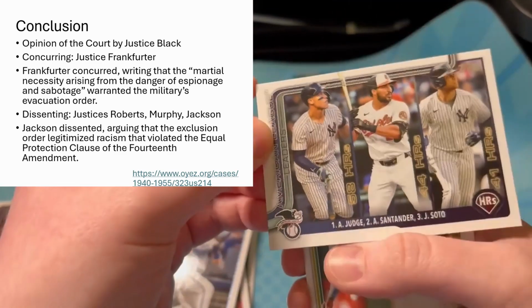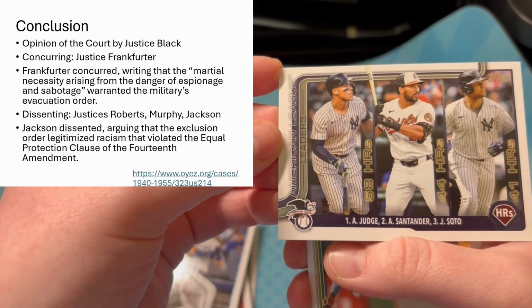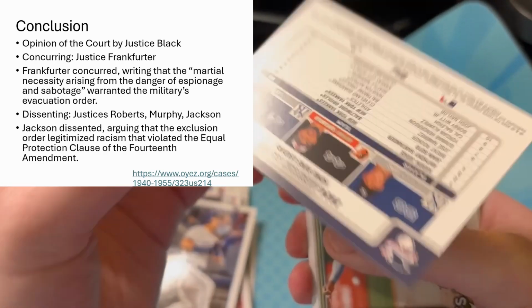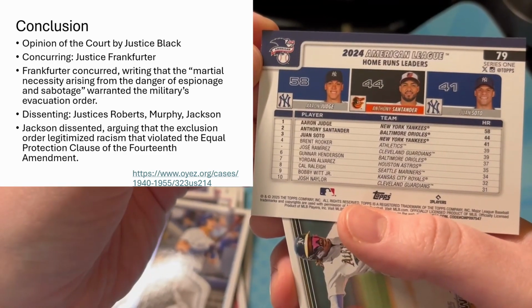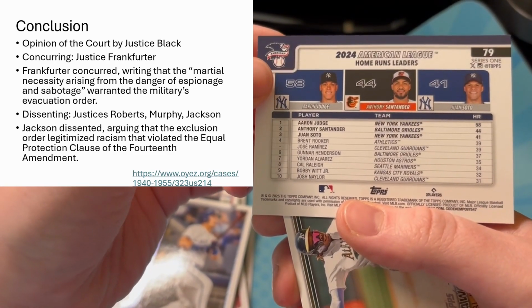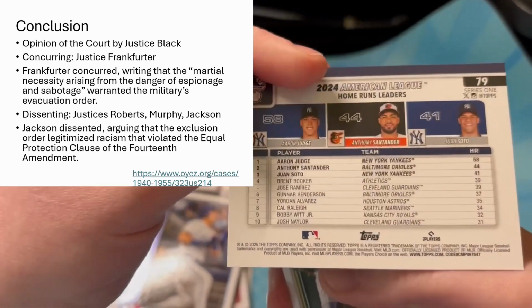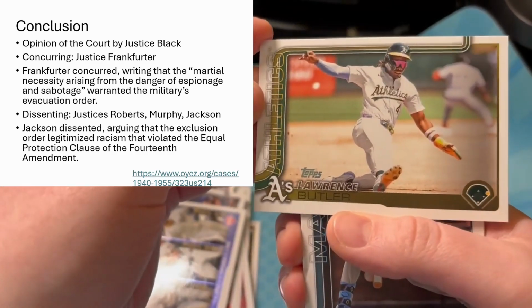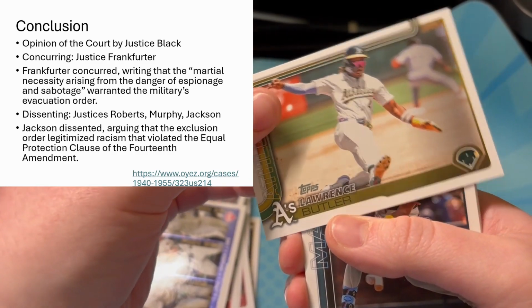So here we have the opinion of the court, an essay written by the Supreme Court, I believe Chief Justice Black, and then we have another very short concurring opinion by Justice Frankfurter, and sorry, you just don't see names like that anymore.